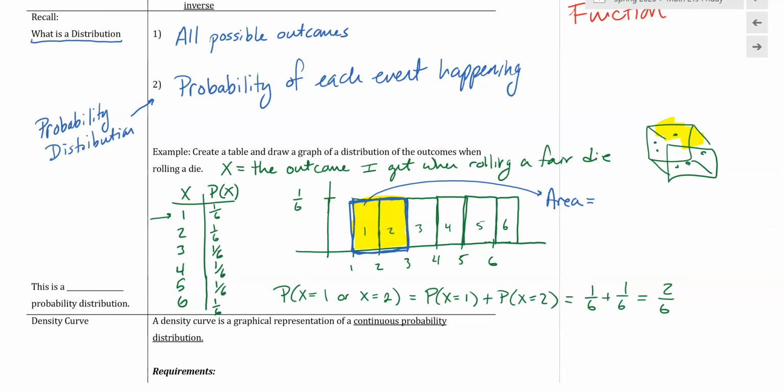So this thing has a length of 2 units, right? If I'm thinking length times height, maybe I'll say the length would be from 3 minus 1, that's the total length there. And that has a height of 1/6.